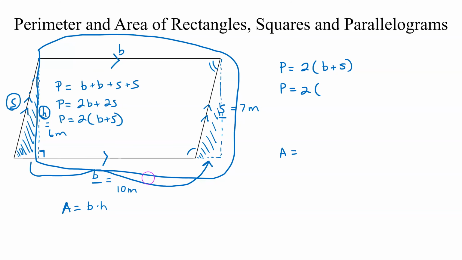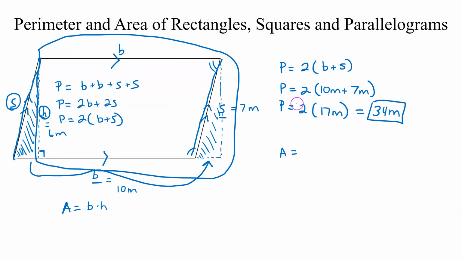Our base is at the bottom and the top. It's 10 meters. Our side is this edge, so not the height. It's right here or right here, but not the height. And that's 7 meters. If we add what's in parentheses, that's 17 meters. 2 times 17 is 34. So our perimeter is 34 meters.